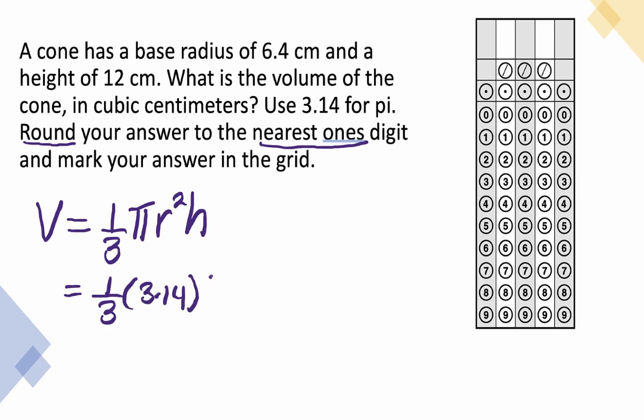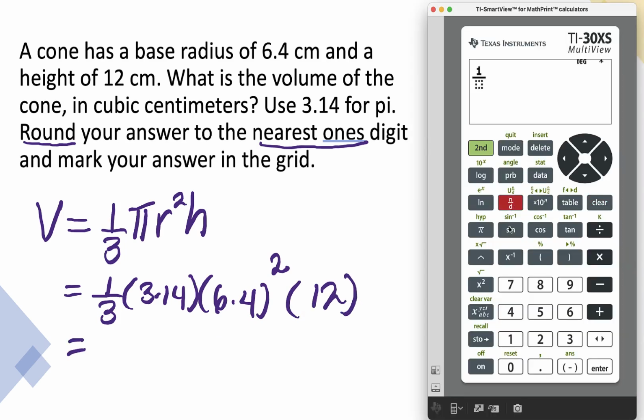The radius is 6.4 to the second power, and your height is 12. 1 N over D, 3. Go to the right. You can open your parentheses. 3.14, close. Open it again. 6.4, close.